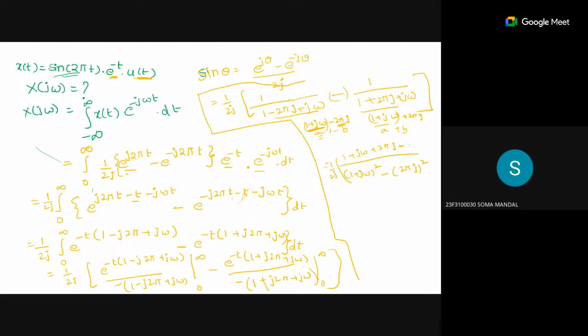With j common, I got 2 pi divided by 1 plus 2 pi plus omega whole square. What did you get? 2 pi divided by 1 plus, within the first bracket, 2 pi plus omega whole square. Is it correct or not?